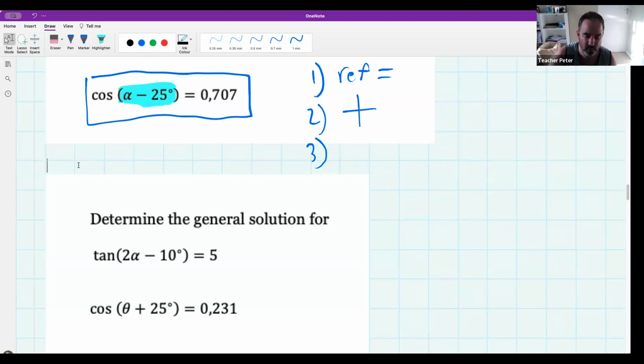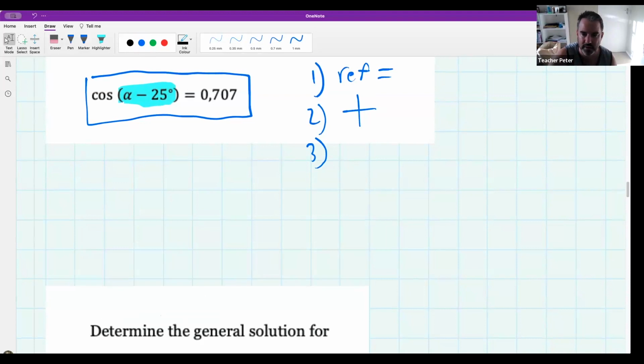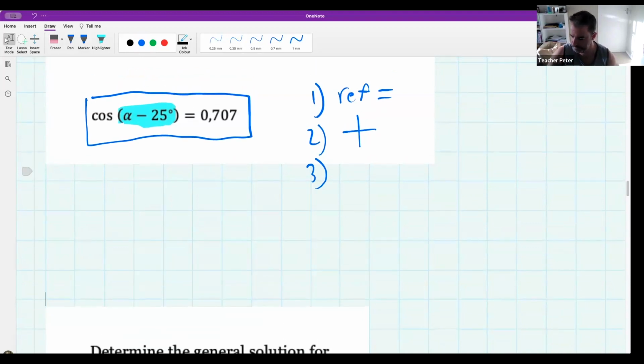I'm going to move this one a little bit. So what is your reference angle for this trig equation?